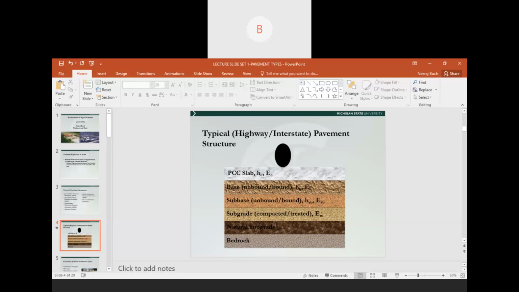And then on top of the natural subgrade or roadbed, that is the compacted or treated subgrade or the roadbed, which is classic, and you characterize that by its resilient modulus or the modulus of subgrade reaction. So that measures the stiffness or the strength of the compacted roadbed. Then the next layer, which is the engineered layer, is the subbase.